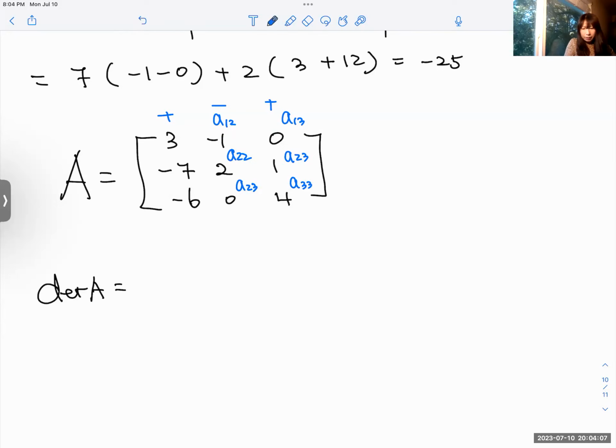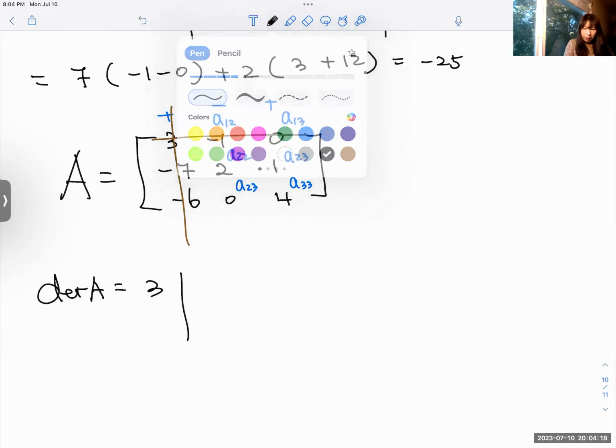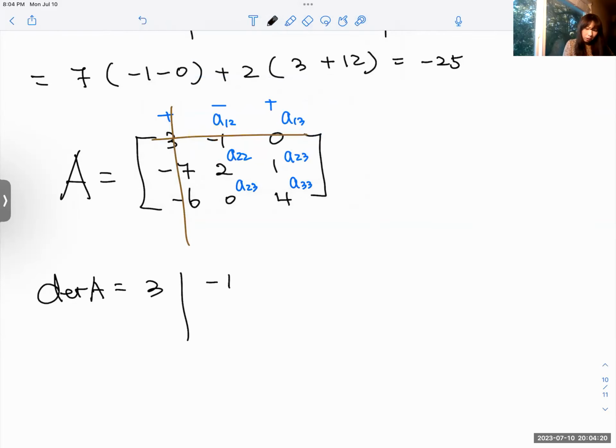So we will get 3, cross out, so we get negative 1, 2, 1. And negative 1, and cross out.